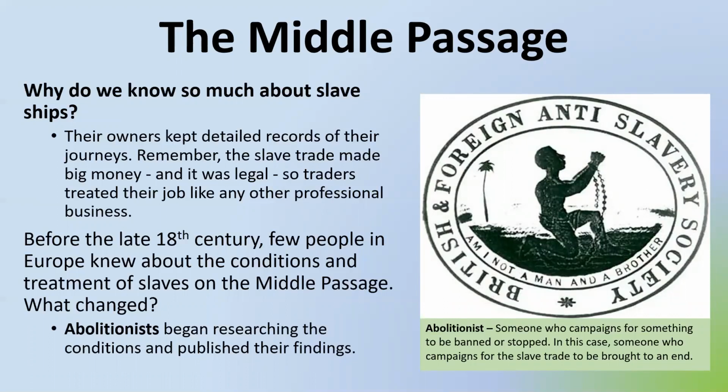So average people start reading about the Middle Passage, the horrors that our slaves face, and they start to grow angry about it, okay? We will, in a future lesson, look a lot more in detail at our abolitionists, so people like Thomas Clarkson, and the role that they played in abolishing, so getting rid of slavery altogether.